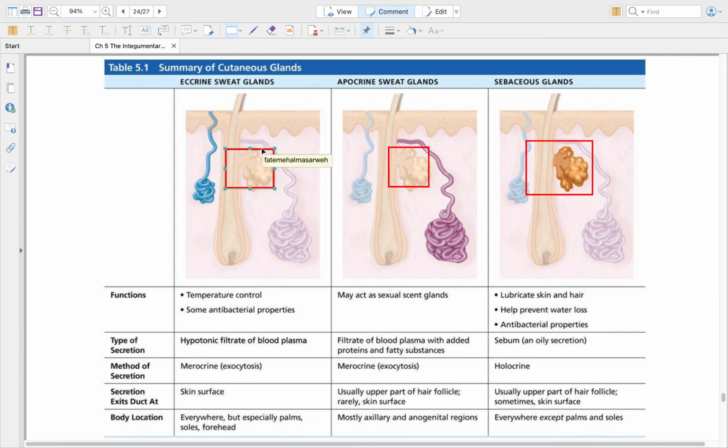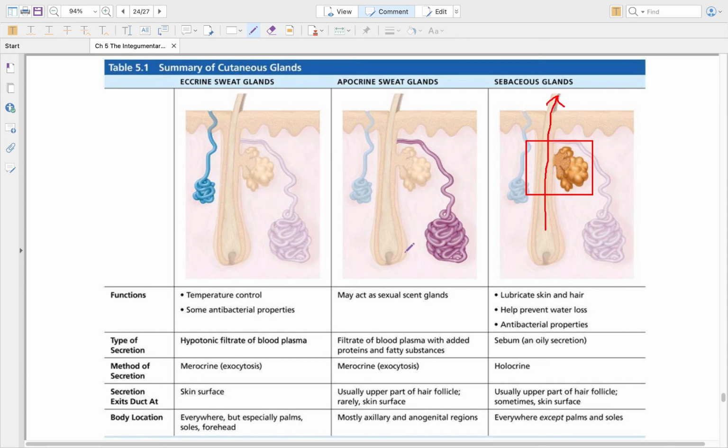That's how you identify it. There's no other gland that's connected to a hair follicle. Its job is to lubricate the skin and the hair.